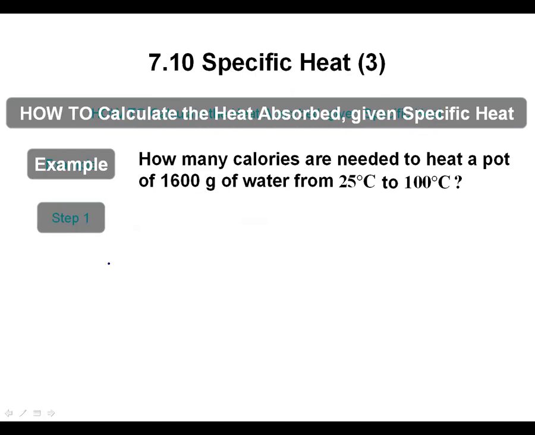We're looking for how many calories, which is really heat. Remember, heat is either joules or calories. We need to take 1,600 grams of water, so that is the mass, 1,600 grams. We're going from an initial temperature of 25 degrees Celsius to a final temperature of 100 degrees Celsius.